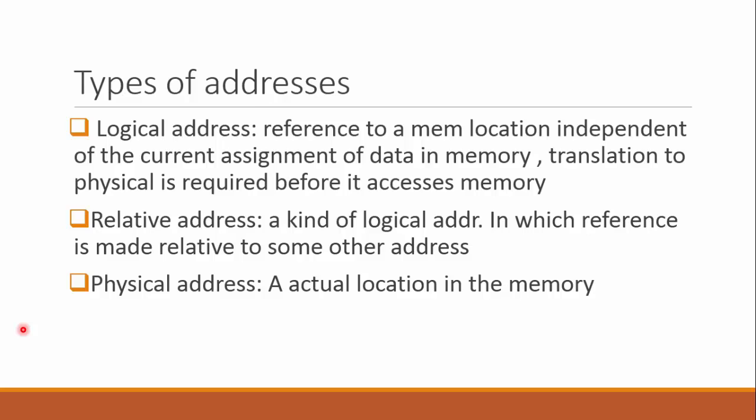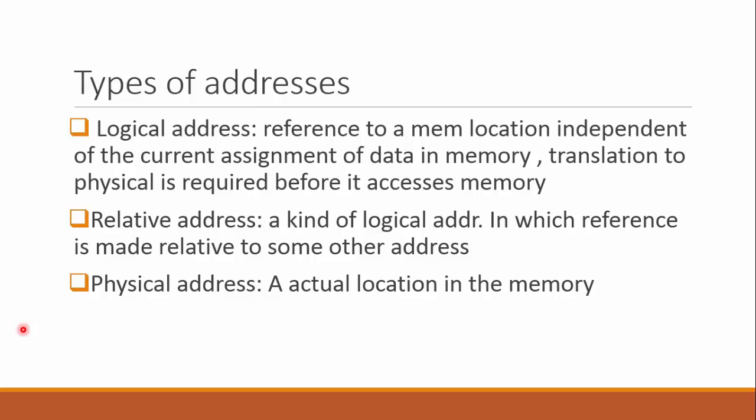A relative address is in relation to some other logical address. Say there is an array and a label, and there is another one which is based on the previous location, like plus 10 to some location.